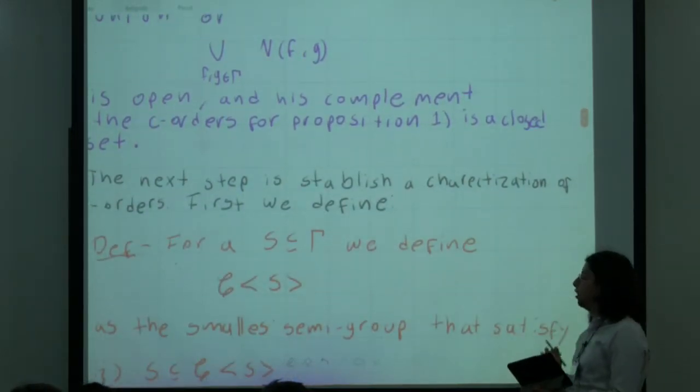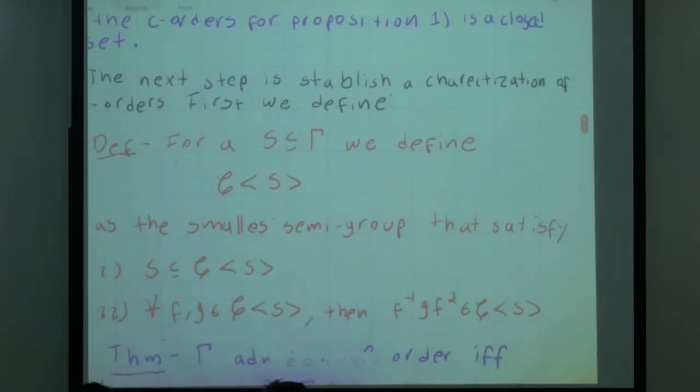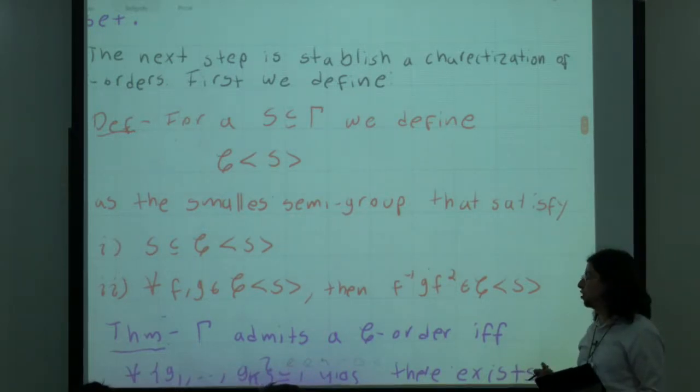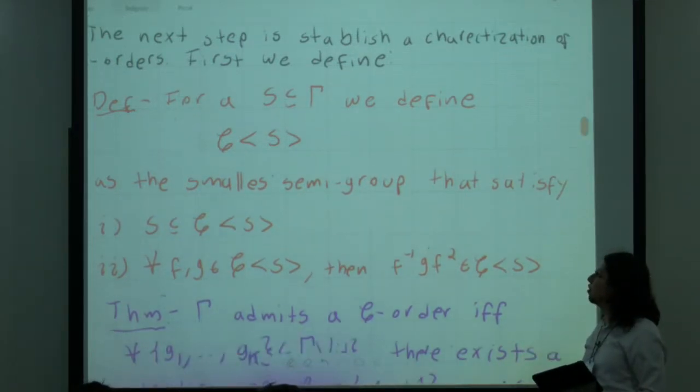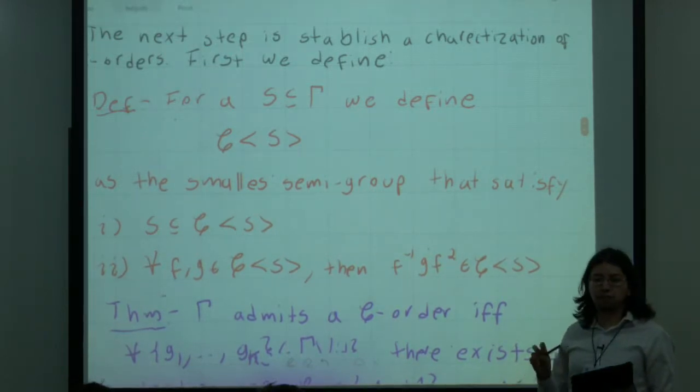The next one is to establish another characterization of C-orders. For that, I will define this weird subgroup.